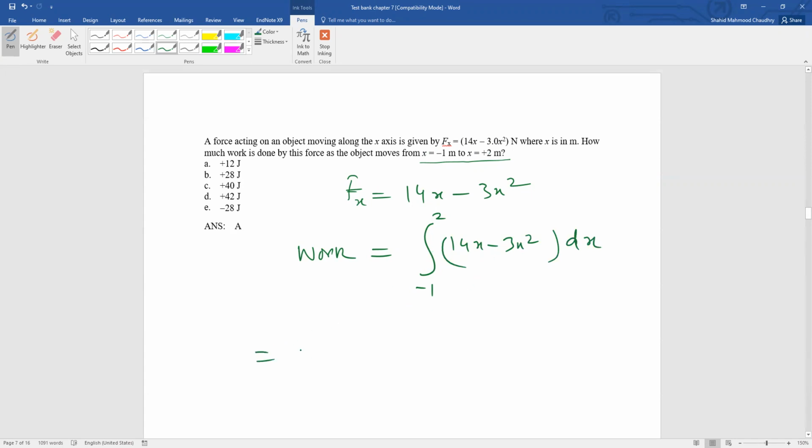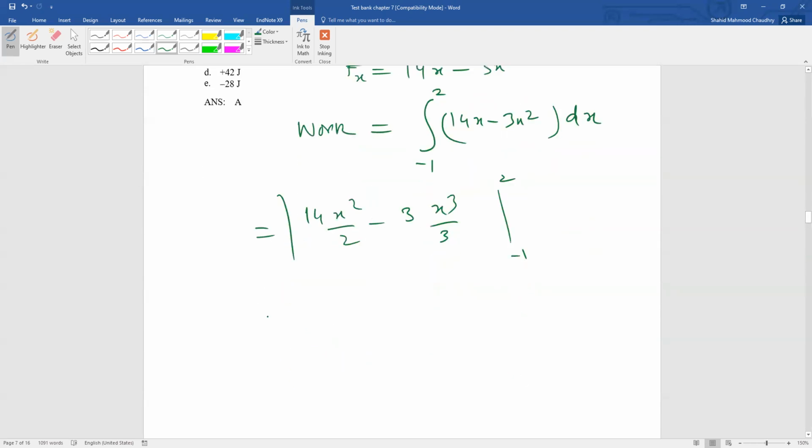So first integration will be 14x square over 2 minus 3x cube over 3, and this limit is minus 1 to 2. Now we will solve this one. This is equal to 7x square minus x cube. This is cancelled with this one.